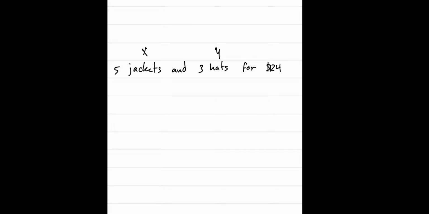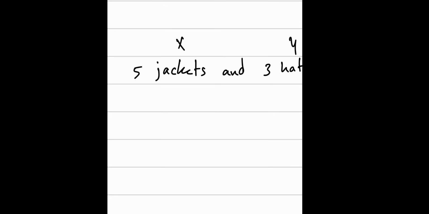So if she bought 5 jackets, then we're going to multiply that by x because that's going to give us the total cost. For example, if each jacket was $10 and she bought 5 jackets, the total amount of money that she spent on jackets would be 5 times 10 or 50, right? In this case, we don't know what the price is, we just know that it's represented by x. So 5 times x is the total amount of money that she spent on jackets.